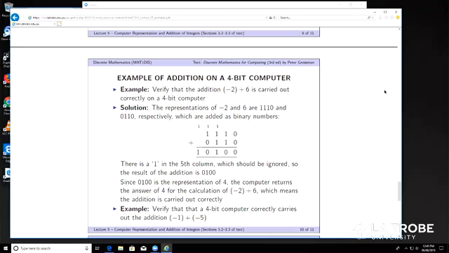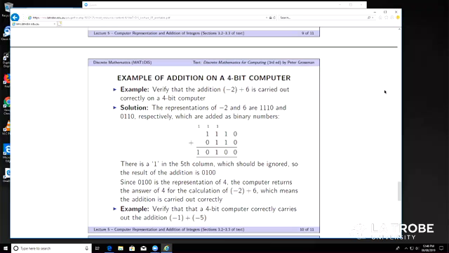Let's look at -1. It is 1, 1, 1, 1, and plus -5 is 1, 0, 1, 1. So I add them up. What I got, 1 plus 1 is 0, carry 1, 1, 1 there, 0, 1 there, 1, and then I got that carry.